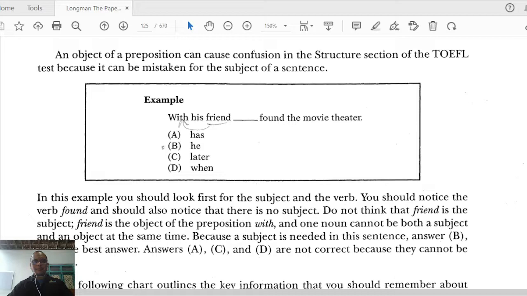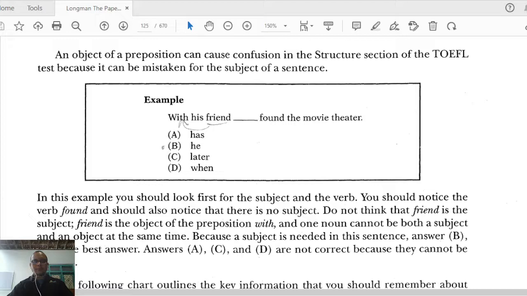And one noun cannot be both a subject. Okay. Jadi satu ininya nggak bisa subject, ya. Jadi begitu, ya. Jadi ini ada object of preposition. So preposition with, ya. So do not think that a friend is the subject. Jadi jangan terpaku pada kata friend. Friend ini bukan subject, ya.